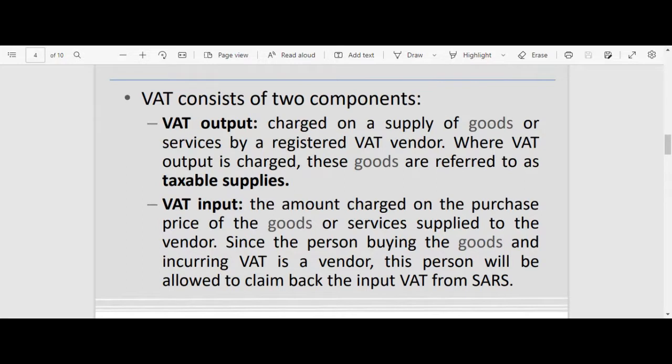Before value added tax was implemented, and this I'm just giving you for general information, before value added tax was implemented in, I think it was November 1991, if I remember correctly, we had a system called sales tax. So there was already an indirect tax on transactions, but it was called sales tax. And the sales tax was only charged at the very last point of sale.